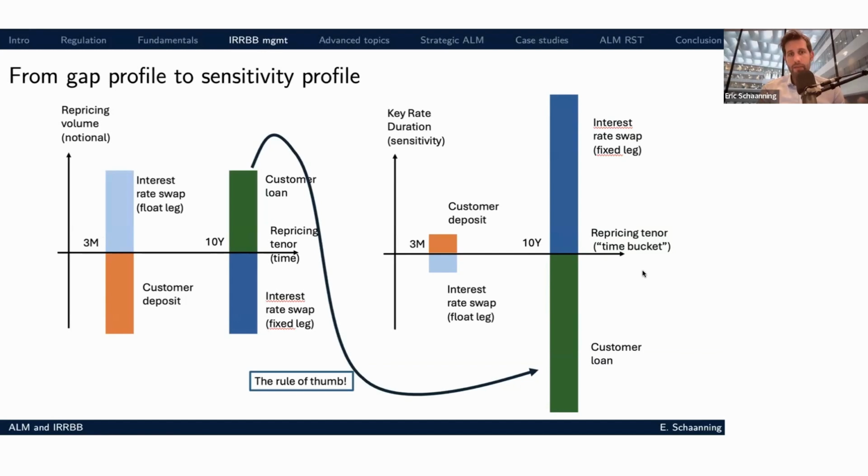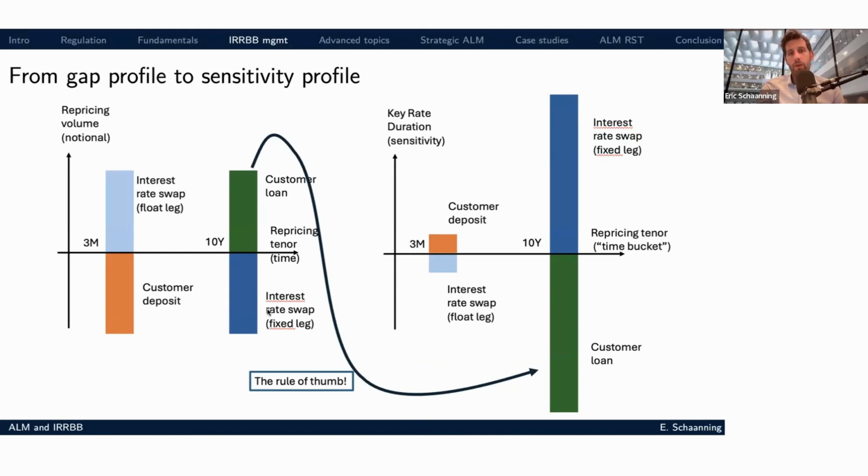And if rates increase by 1 basis point, then all else equal, we would want to charge the customer 1 basis point more. But because we can't do that, it's fixed, we've actually made a loss equivalent to that 1 basis point. So that's why it's negative. Negative means we're actually losing economic value.